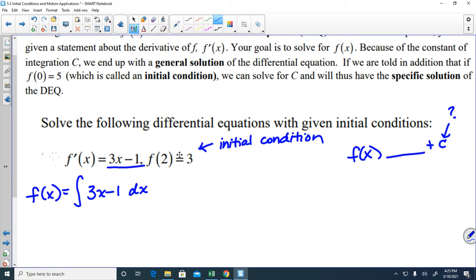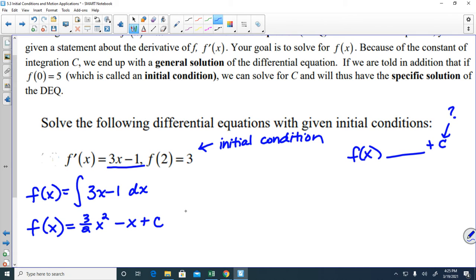I'll use this f of 2 later. But let's find the antiderivative. So f of x equals the antiderivative of 3x, which is 3/2 x squared. The antiderivative of negative 1 is minus x, plus a constant.